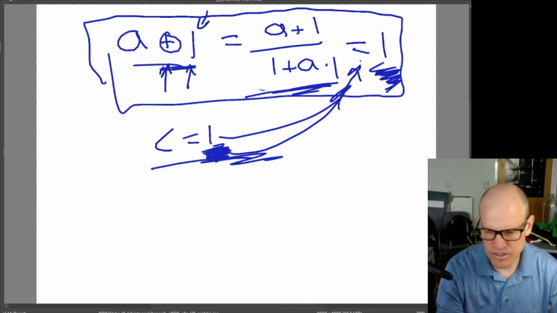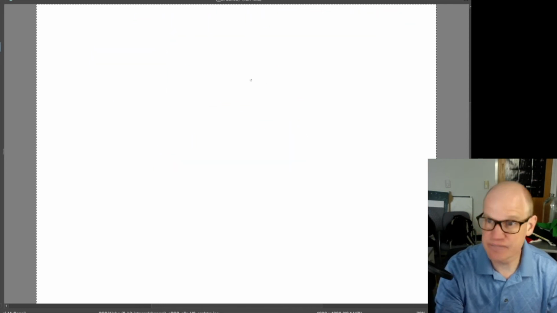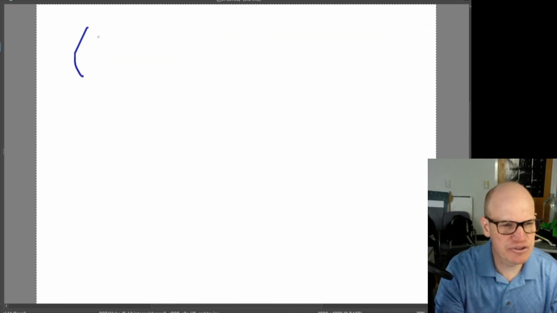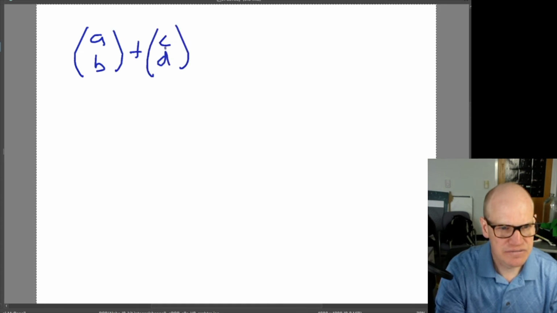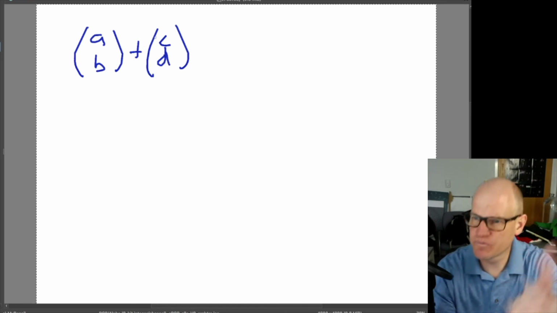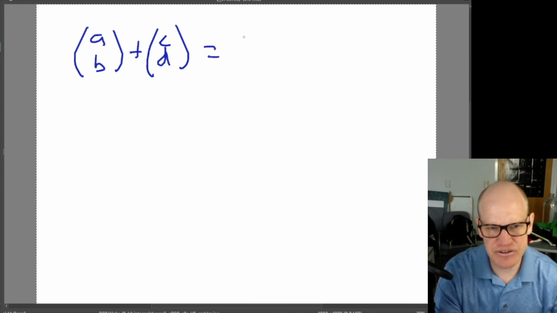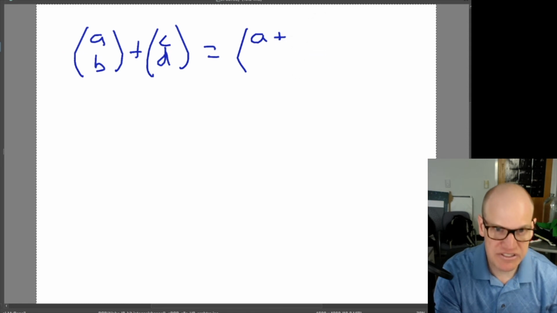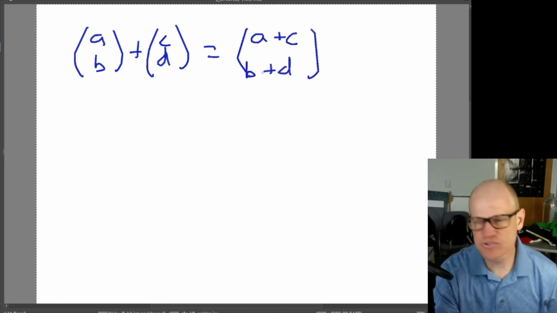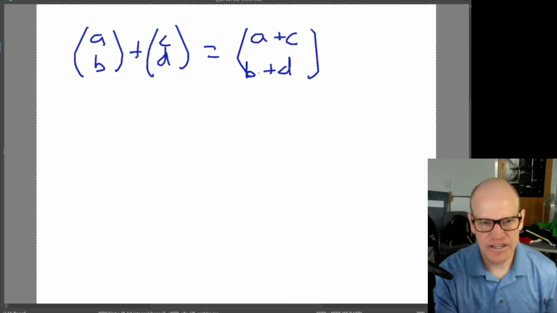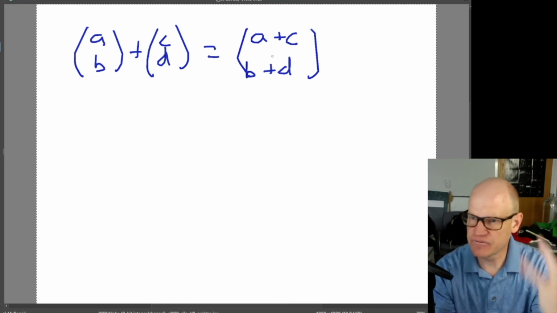So for example, I can show you two different ways of adding pairs of numbers. So let's say that I have a pair of numbers, A, B, and I'm going to add to it C, D. I have some operation called addition, and I'm going to add these two things together: A plus C, and B plus D. So this is one way that I can add these two pairs together, and it's going to have the same properties of what I described before.